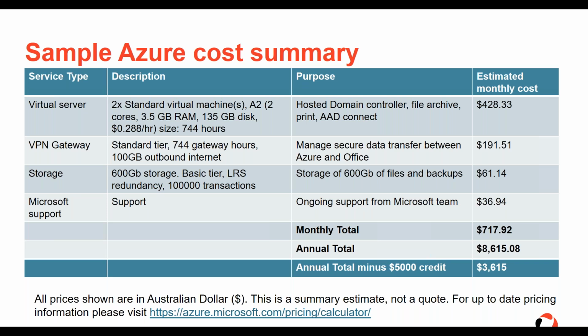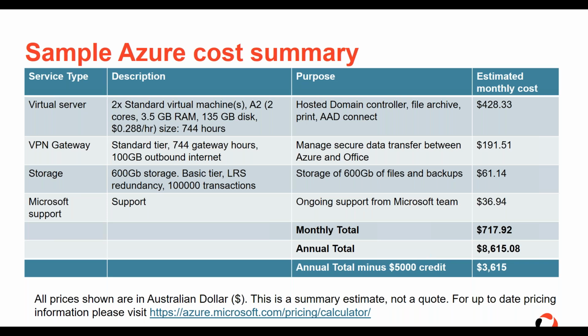So essentially when you build, they build two servers in Azure. You can choose from some pre-configured servers. So what our engineers did is looked and worked out what they needed to run a domain controller and a file server and AAD Connect.